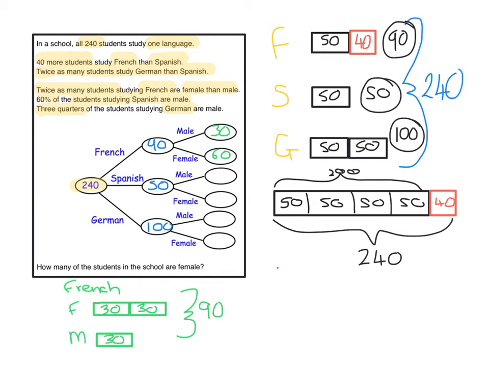Let's just put a little subtitle, Spanish. 60% of the students studying Spanish are male. So we know that there's 50 Spanish in total. Get a blue box.